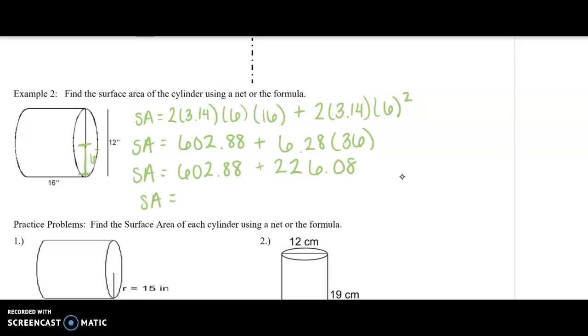So the surface area would be 828.96 inches squared. And if you didn't know that that was inches, those two little dash marks that almost look like the quotation mark up top, that represents inches.